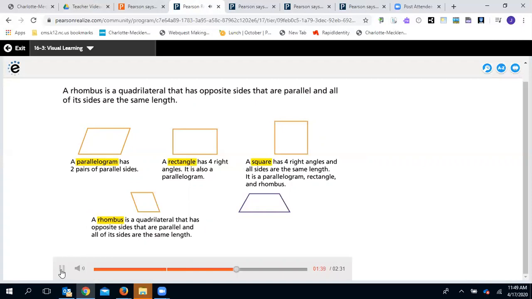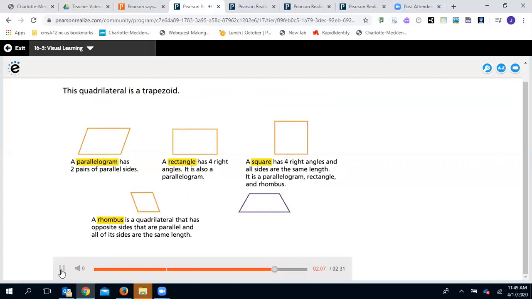A rhombus is a quadrilateral that has opposite sides that are parallel, and all of its sides are the same length. A square is also a rhombus because it is a quadrilateral with opposite sides that are parallel, and all of its sides are the same length. A rhombus is also a parallelogram because it has two pairs of parallel sides.